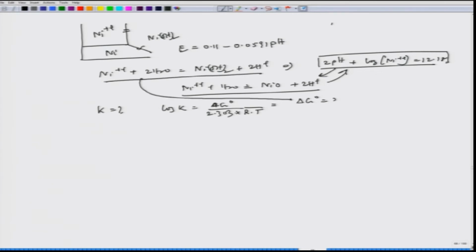So, delta G0 you find out from mu 0 Ni(OH)2 plus 2 mu 0 H plus minus mu 0 Ni minus 2 mu 0 H2O, you would get the same equation. So, that means whether you write NiO or Ni(OH)2, these lines would be the same, provided you are fixing the Ni plus ion concentration, you have to fix that.